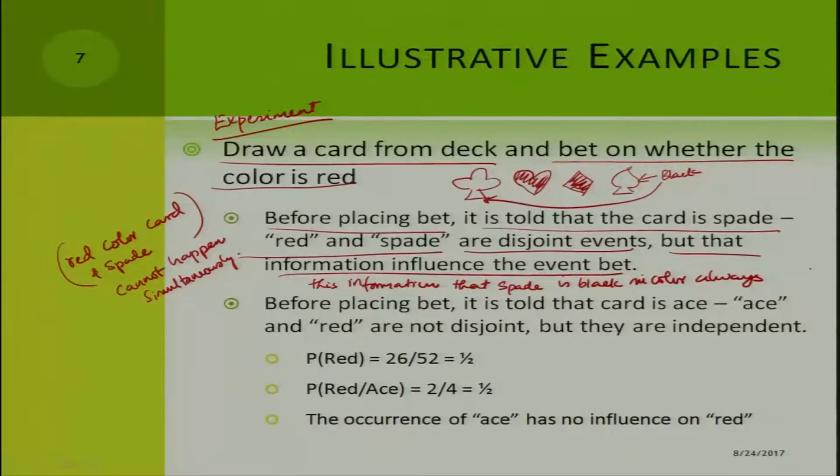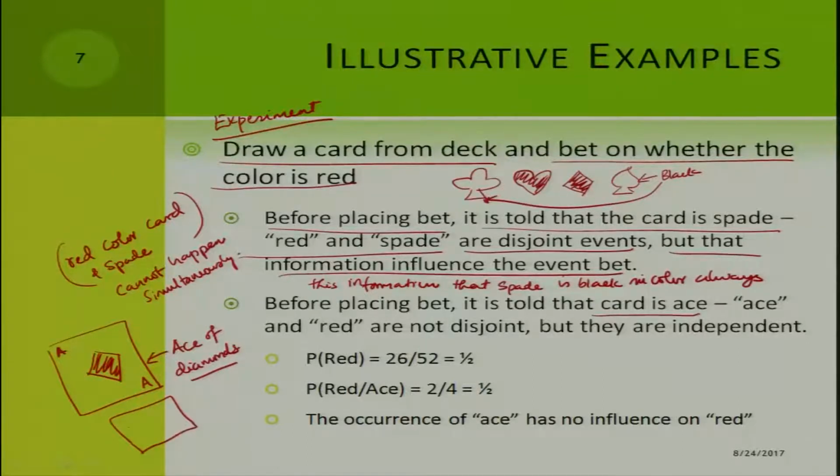But instead of telling you it's a spade, if I tell you that the card is an ace, an ace is represented on a card as an A, and with a diamond symbol it is the ace of diamonds. If I say the card is an ace, then red is not disjoint, because you have an ace of diamonds and an ace of hearts.